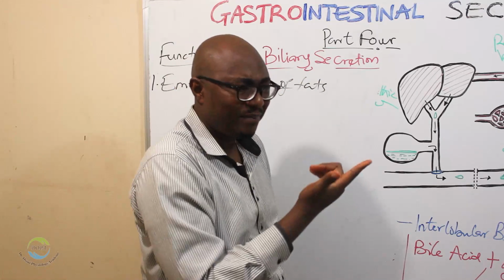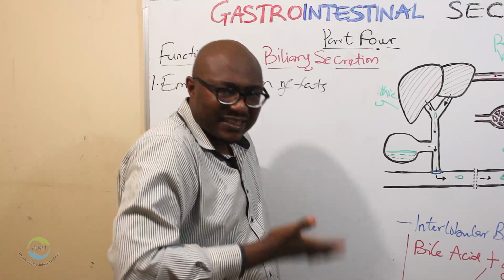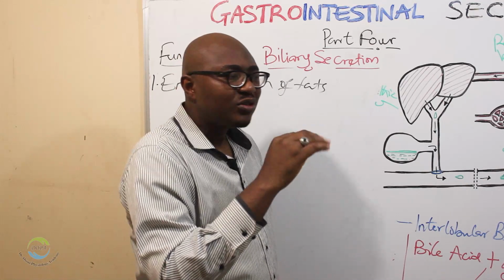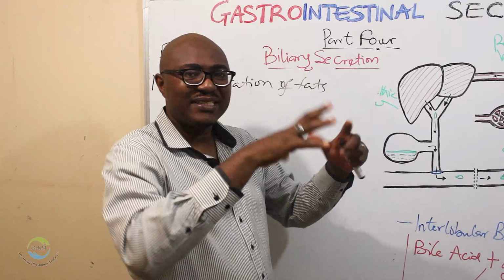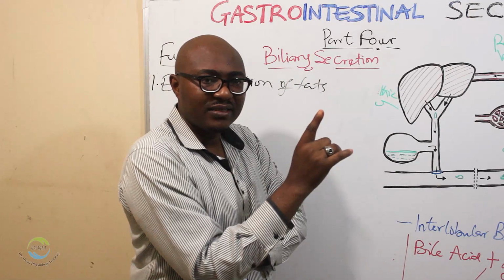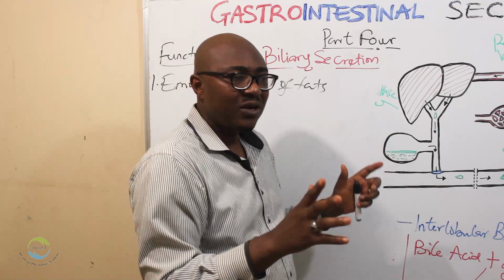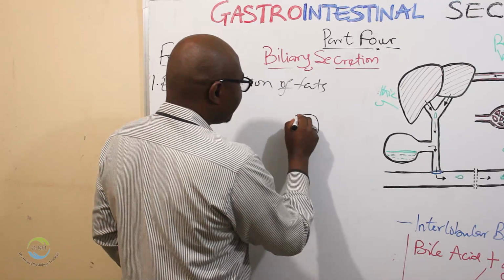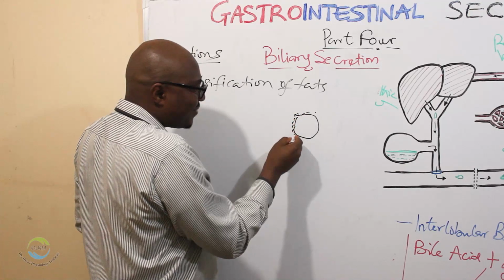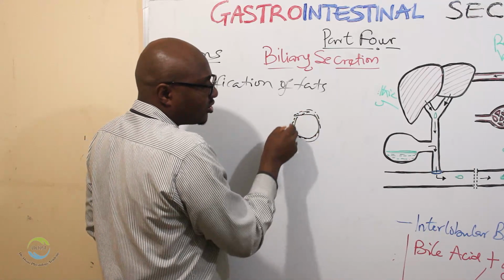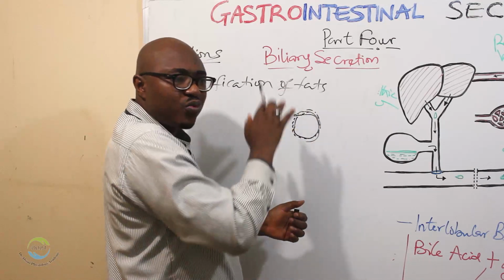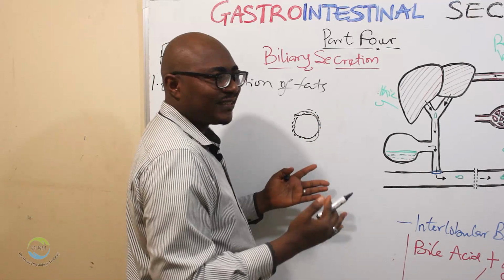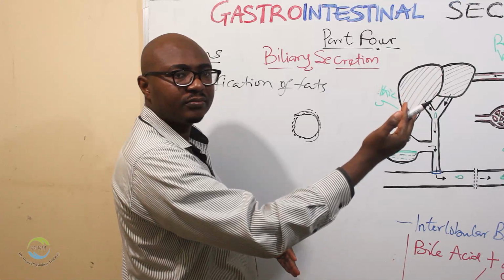You have lingual lipase, you have gastric lipase, but the main lipase is pancreatic lipase. But even when pancreatic lipase acts on fat by itself alone, it will just touch the surface. Fats like gathering in lumps, so the lipase will act on just the surface. So most of it will not be digested. And if they're not digested, they cannot be absorbed.